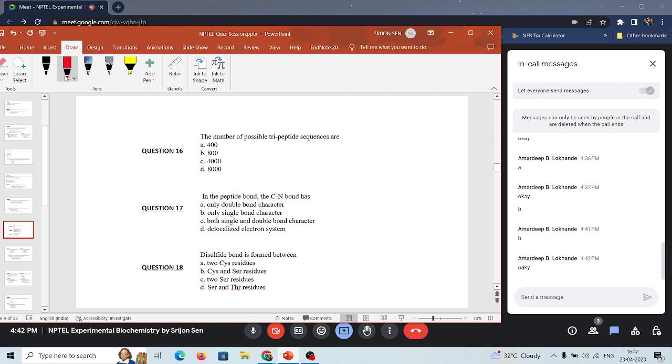Question number 16. The number of possible tripeptide sequences are.